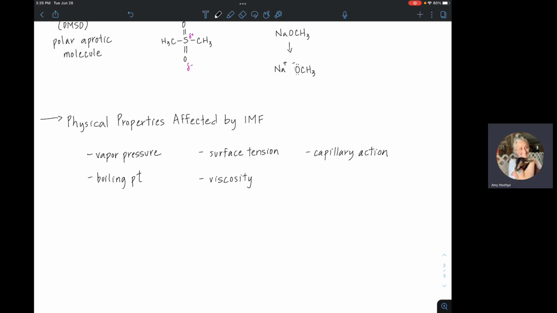Let's see, I think of another one. Oh, if you want to make a solution, you can also think of solubility. So that term "like dissolves like," they're talking about intermolecular forces of attraction. That's what the quote unquote "like" means.